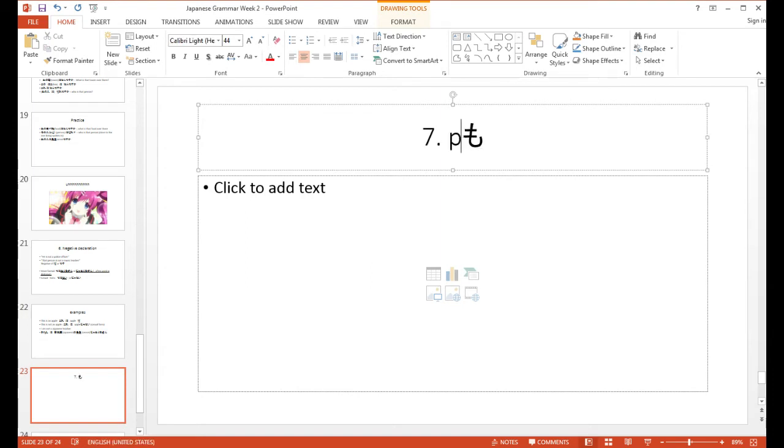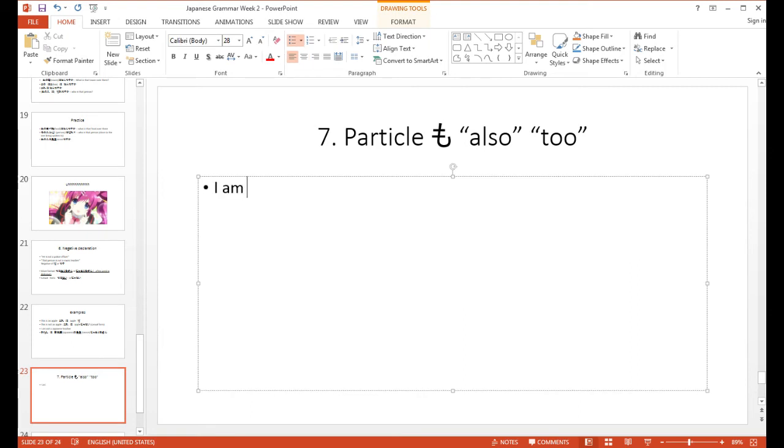Particle mo. It means like also or too. So let's say I am a student. That guy is also a student. Speaking of me, I am a student. So watashi wa student desu.